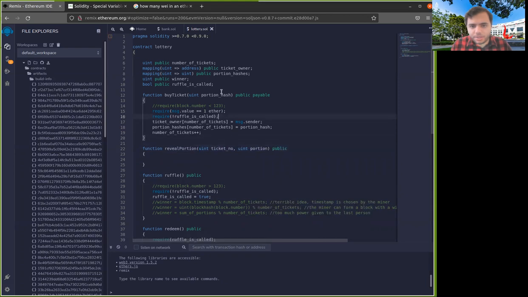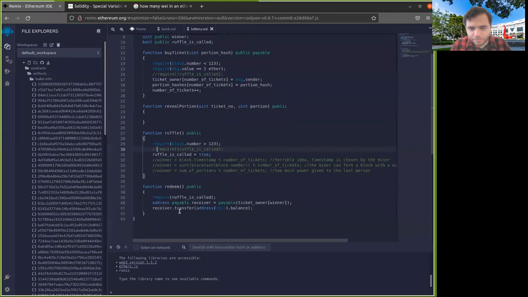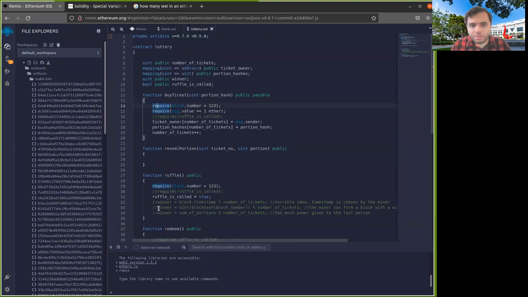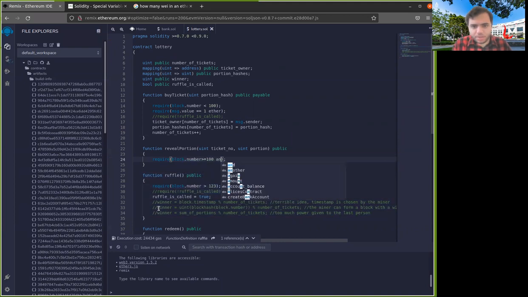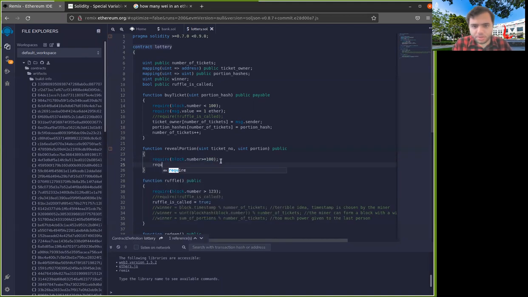Now, at this point, it's really easier if I just say that I use this kind of timing instead of the original type. So let's say that I can buy tickets anytime, let's say, before block number 100. And then let's say I can reveal my portion at block number 100 to 200. Actually, 2 requires instead of 1.